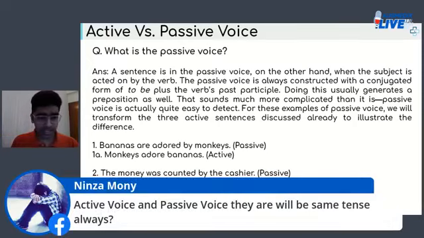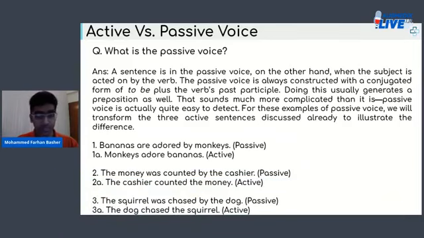And Zamuni says, active voice and passive voice will be the same tense always. If you mean to ask if they will always be in the same tense, yes, definitely. If you say I talked to him, you mean that you spoke to him. This sentence is in the simple past tense, and it is in the active voice. If you change it to the passive voice, it becomes he was talked to by me.